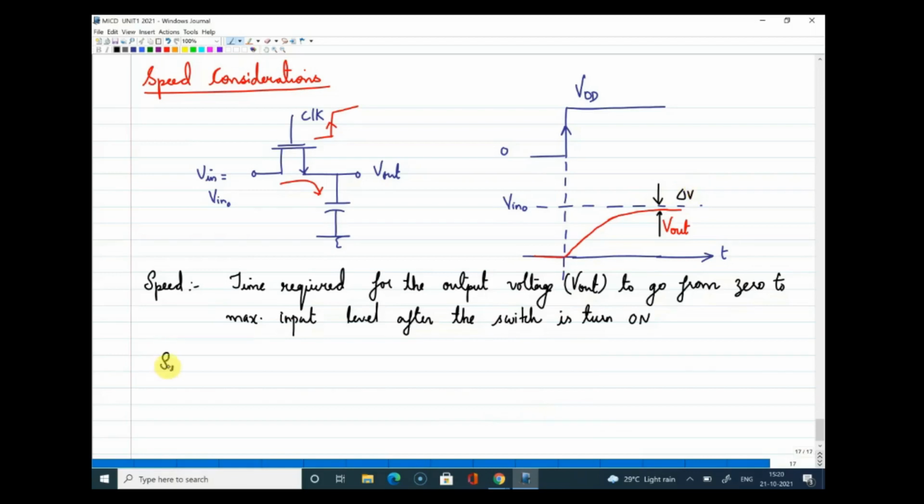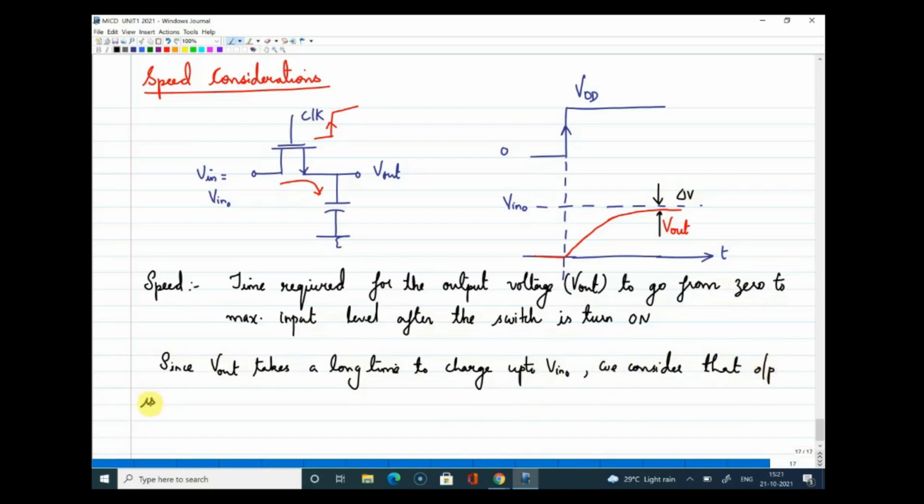So in this case, we consider delta V as the error band. What I'm telling here is, since V out takes a long time to charge up to the voltage of V in naught, we consider that the output in this case is settled when the output reaches a certain error band.